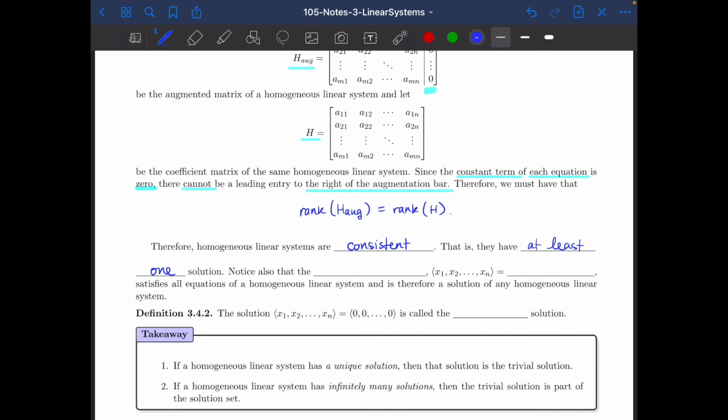Now notice also that the 0 vector, that is the vector x1, x2 up to xn equals 0, 0 up to 0, with n zeros in that vector, satisfies all equations of a homogeneous linear system and is therefore a solution of any homogeneous linear system.